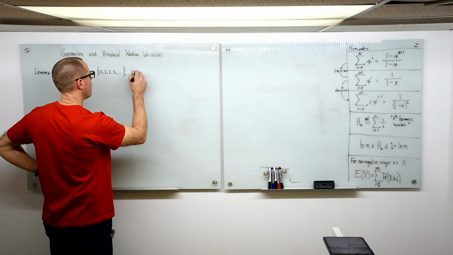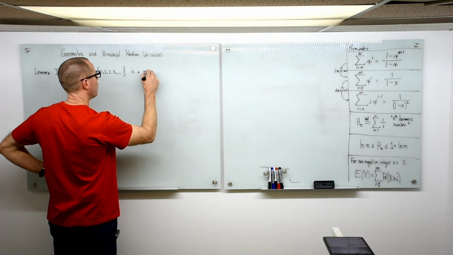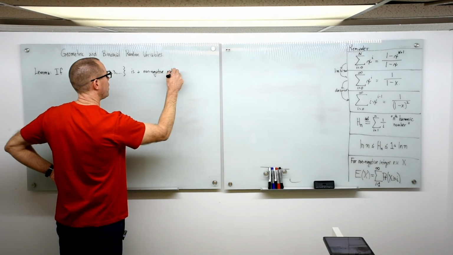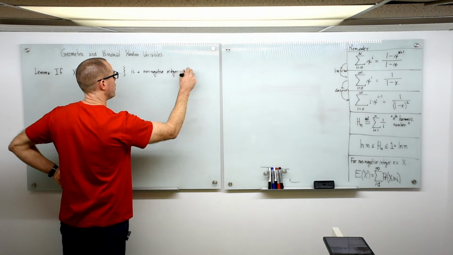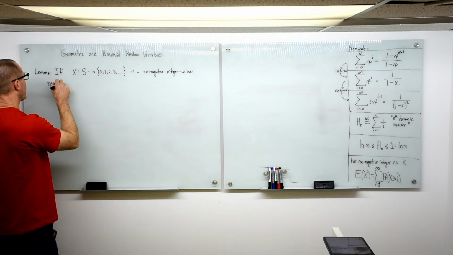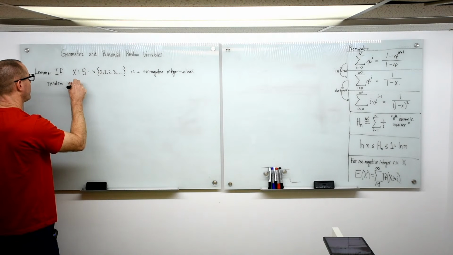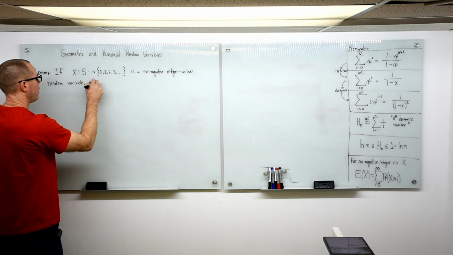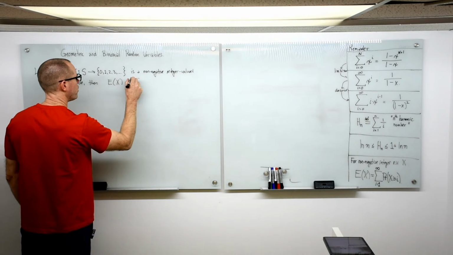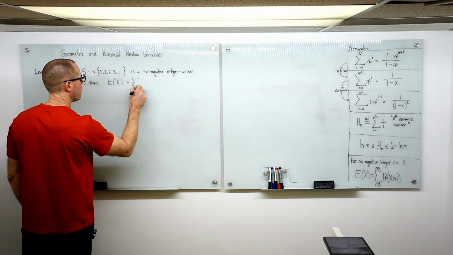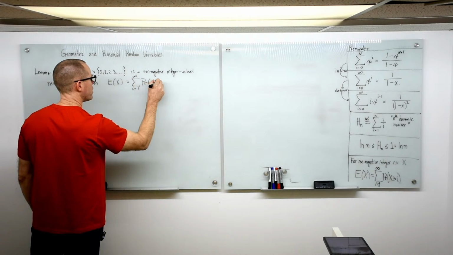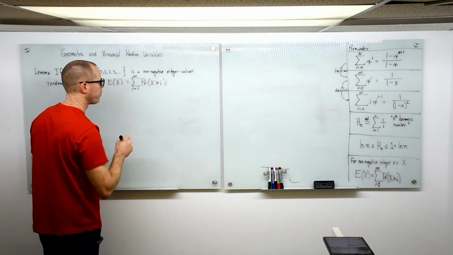So that's called a non-negative integer valued random variable. Then the expected value of X is actually equal to the sum i equals 1 to infinity of the probability that X is bigger than or equal to i.